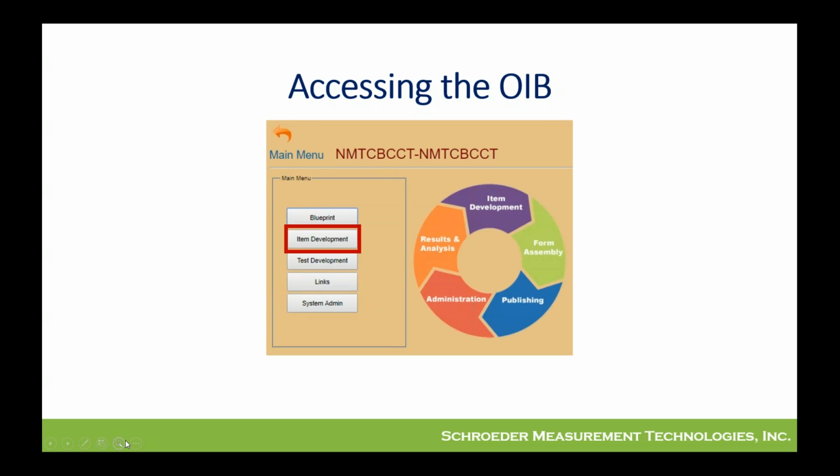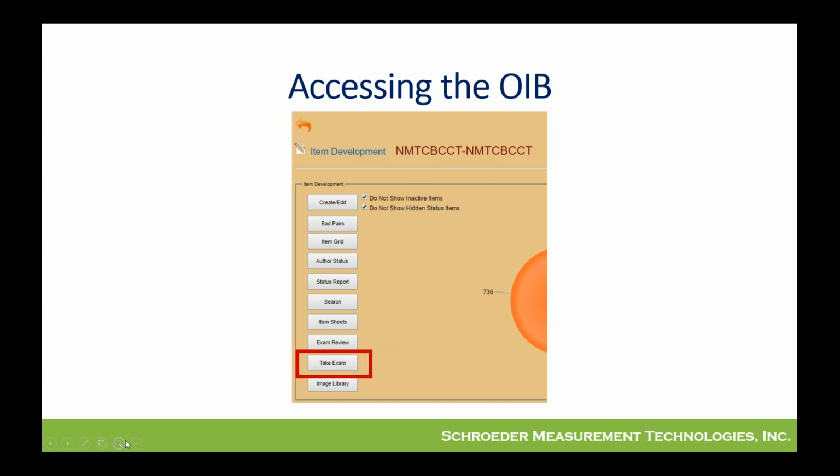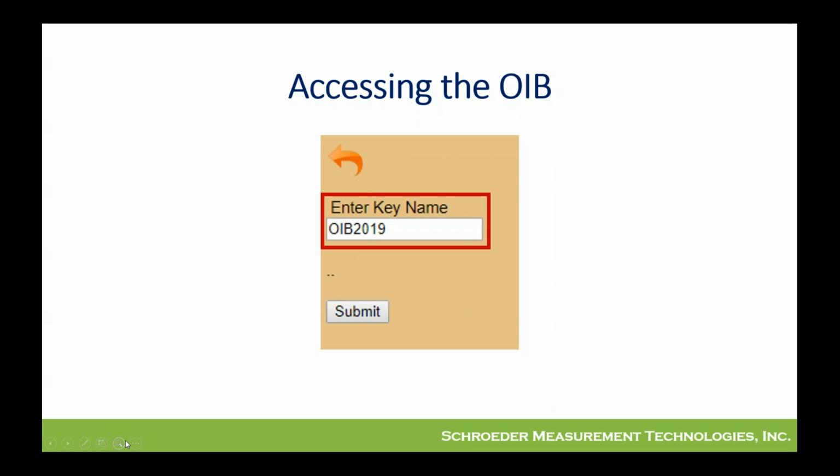Then select Item Development. And then select Take Exam. Enter the key name shown here and click Submit. This will take you to the first item in the OIB.